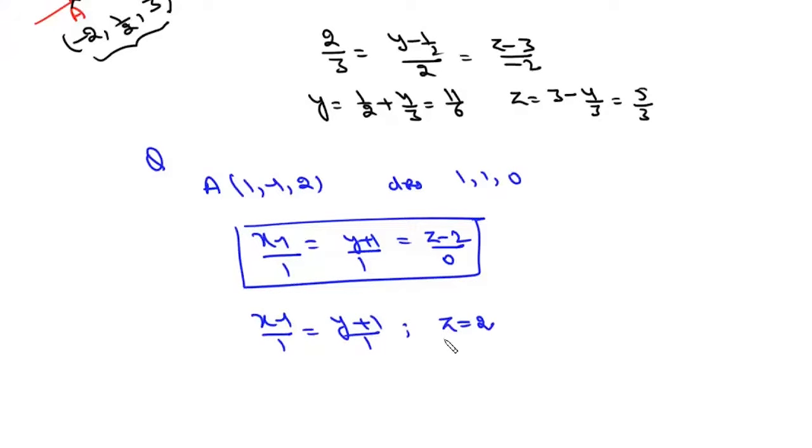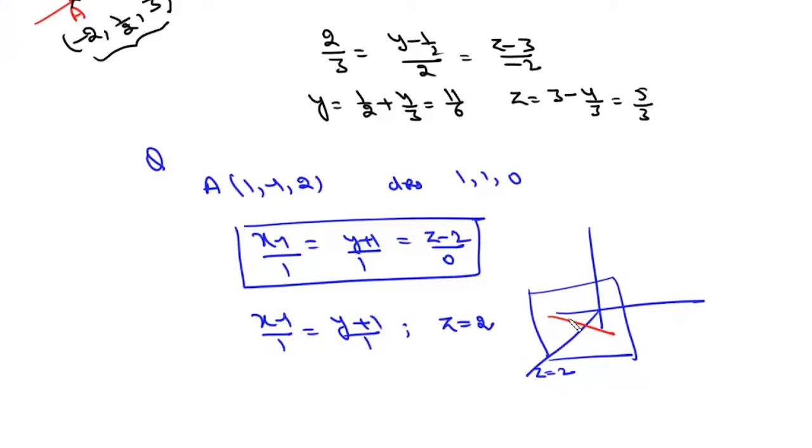Now in this case, the z coordinate doesn't change. So basically this line lies entirely in this plane where the value of the z coordinate is 2. So there will be questions where you'll be given this equation in this fashion. So there we can write this as z minus 2 upon 0.